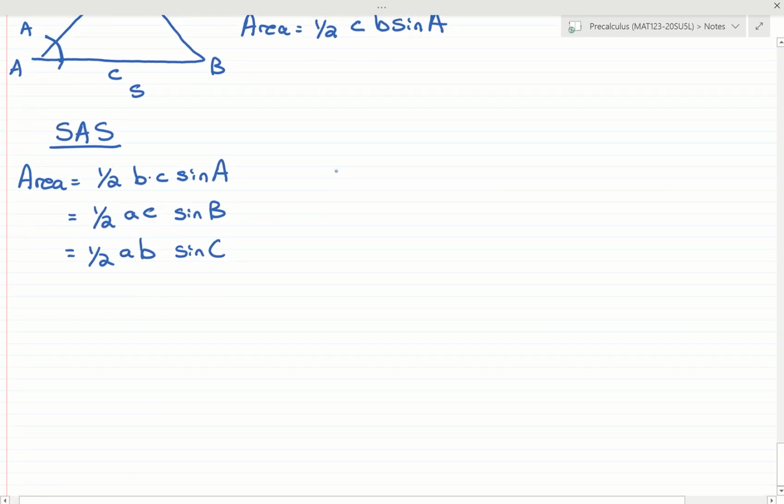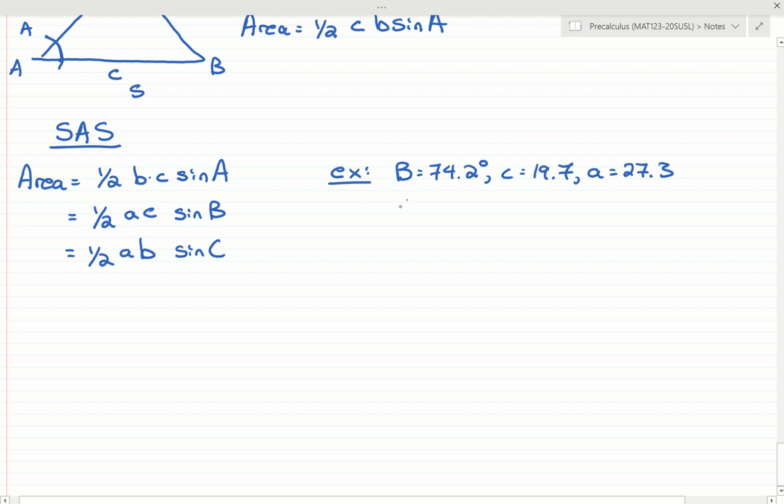Let me show you an example where we could use this formula. What if we knew that angle B was equal to 74.2 degrees, side C was 19.7, and side A was equal to, say, 27.3. So we have a side angle side.